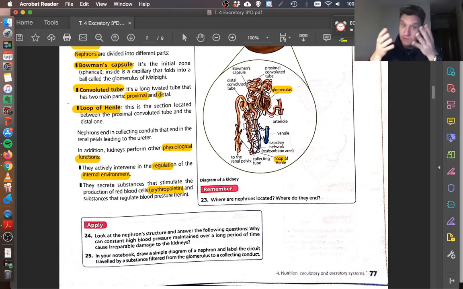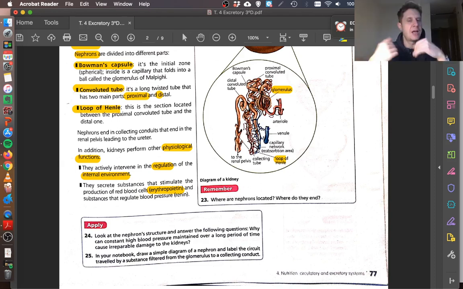The more likely possibility is that we are consuming toxins, alcohol, too much salt in our meals or food, drugs, or too much protein.